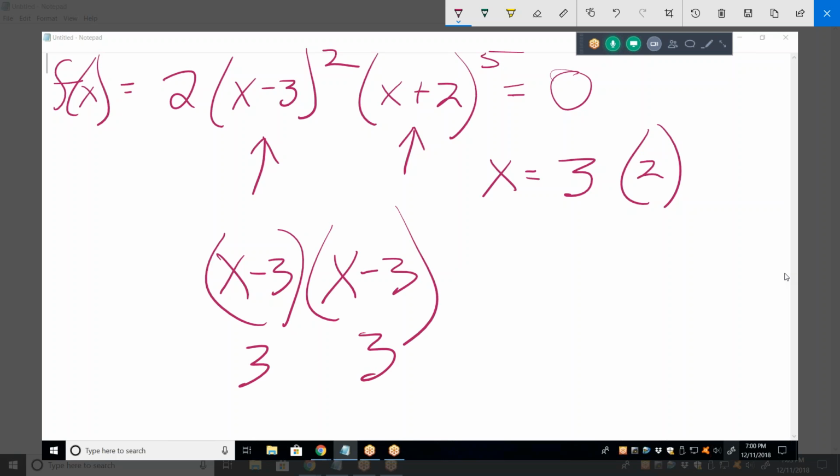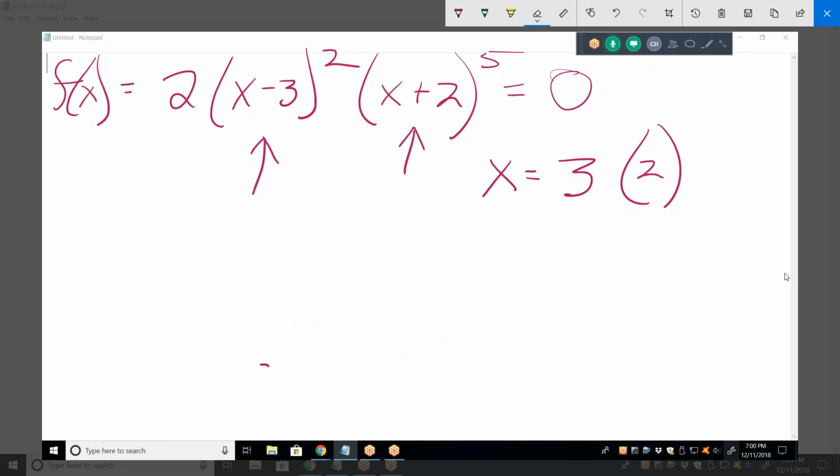So that's why they call it a multiplicity of 2. Okay? So what's the other solution? X equals -2 and what's its multiplicity? 5. Because that's really x plus 2 times x plus 2, 5 times. So there are 5 solutions of x equal -2.